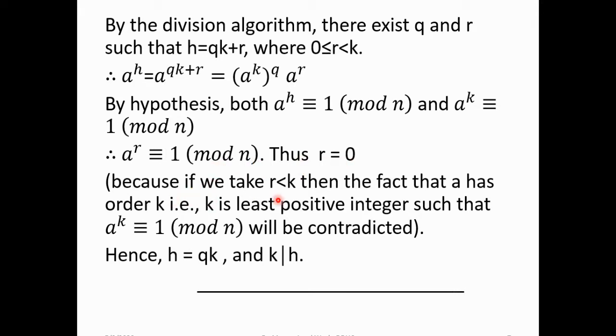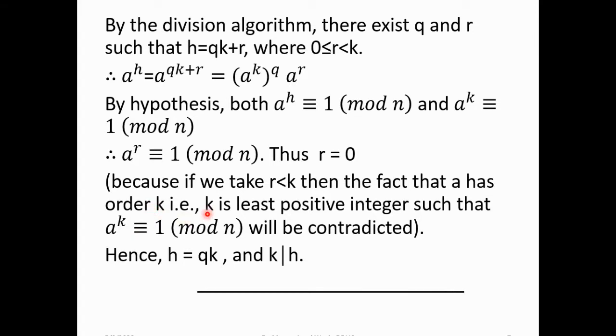Why? Because r lies between 0 and k, 0 less than or equal to r less than k. From here we are saying that r is 0. Why are we not saying that r is less than k? Because if we take r less than k, then the fact that a has order k, and by definition of order, the order is the least positive integer which satisfies the condition.